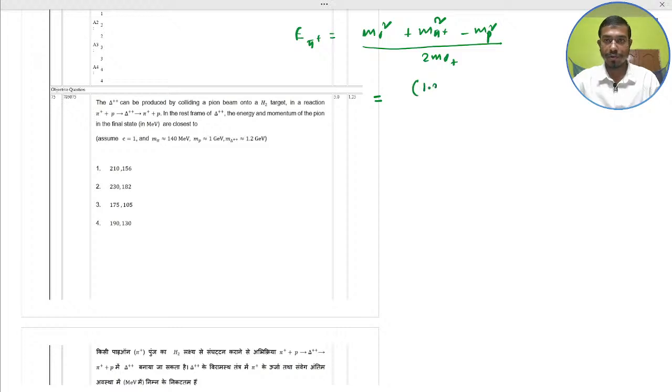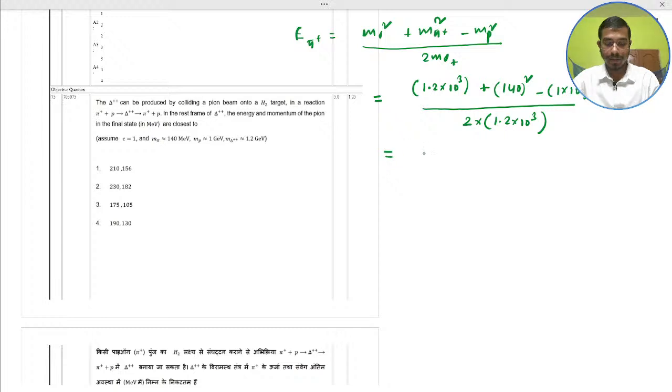That is equal to 1.2 into 10 to the power 3 square plus 140 mega electron volt square minus 1 into 10 to the power 3 square, divided by twice into 1.2 into 10 to the power 3. Substitute this value and you would get 191.5 mega electron volt.